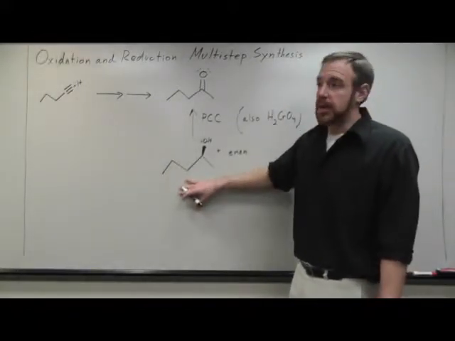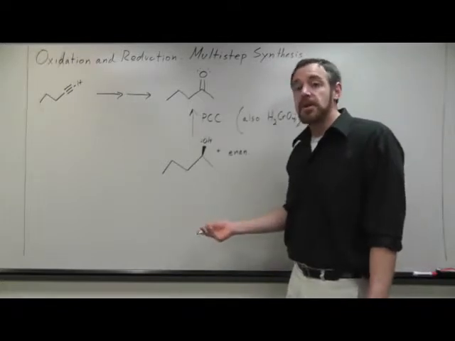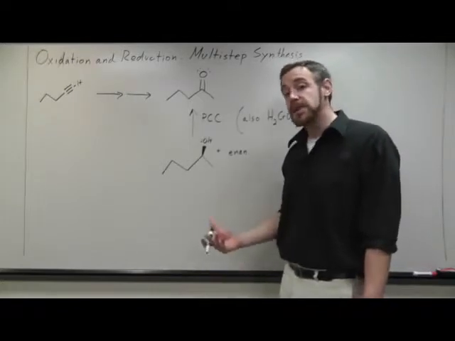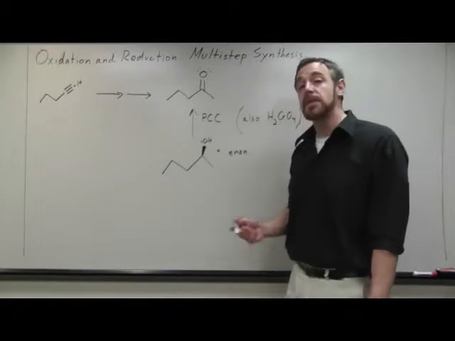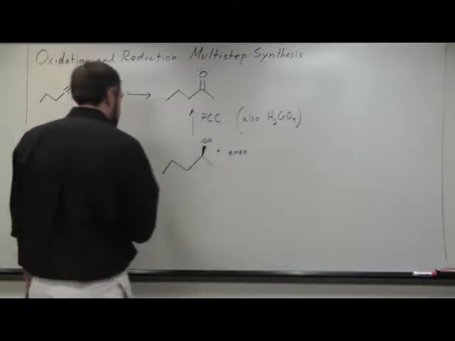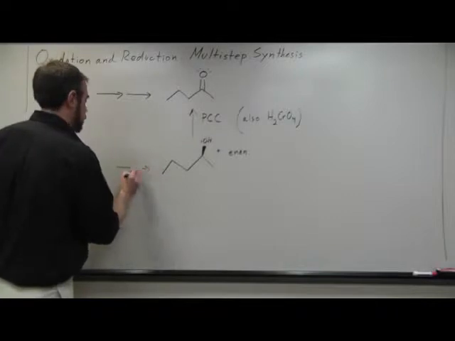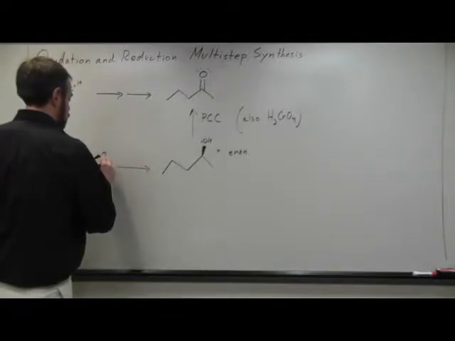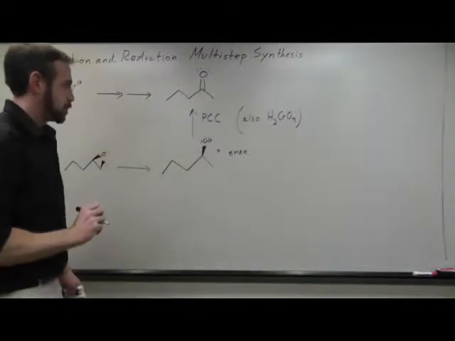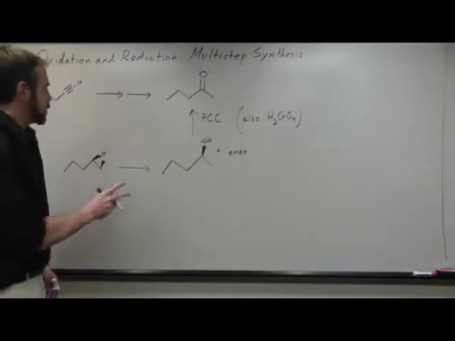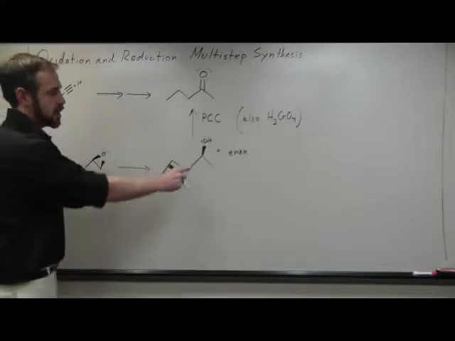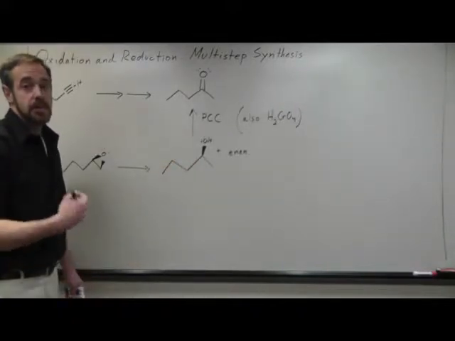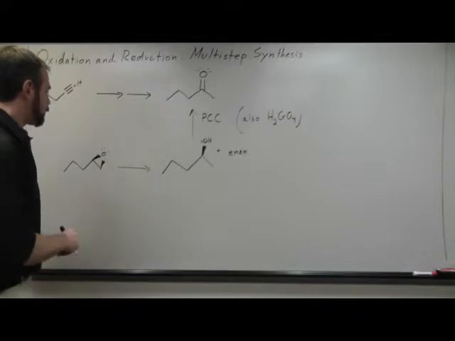Now, looking at this alcohol, we know a lot of different ways to make alcohols. One way from this chapter to make an alcohol is from an epoxide. And so from this epoxide, we can make selectively this more highly substituted alcohol.